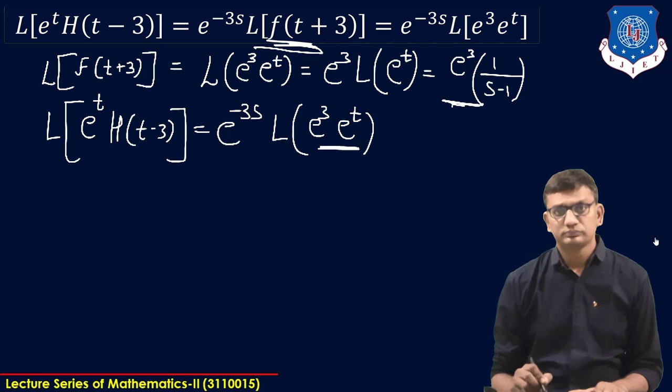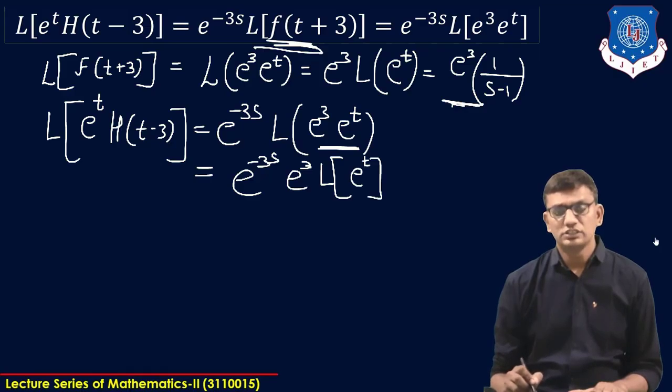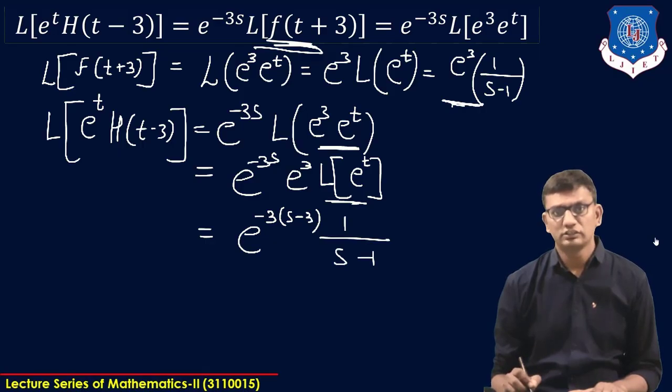Now e raised to minus 3s into e cube into Laplace of e raised to t, which is 1 upon s minus 1, that is equal to e raised to minus 3 into s minus 1 upon s minus 1.